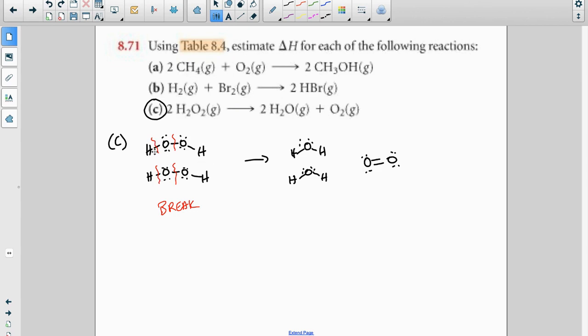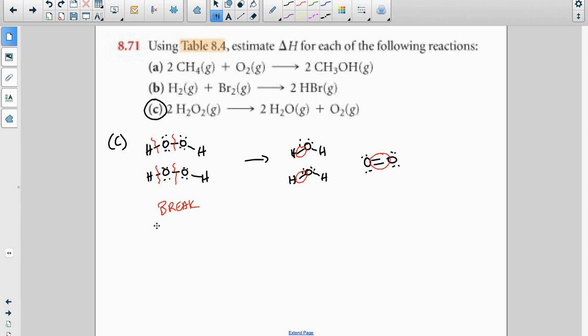So we need to break this bond, attach a hydrogen to the OH, and then we're going to have to form that O2 bond. So we got to break that, we got to form the bond right there, and we need to form this double bond.